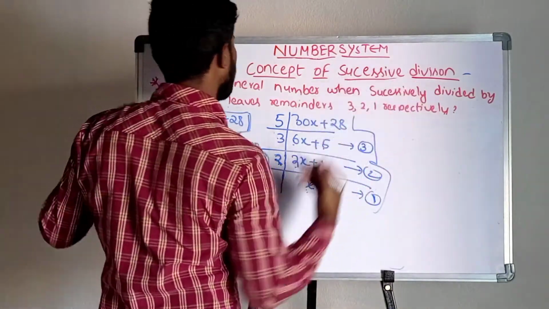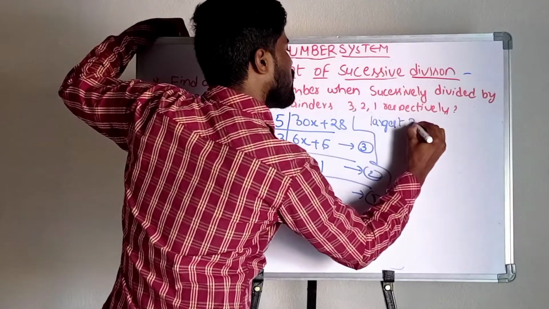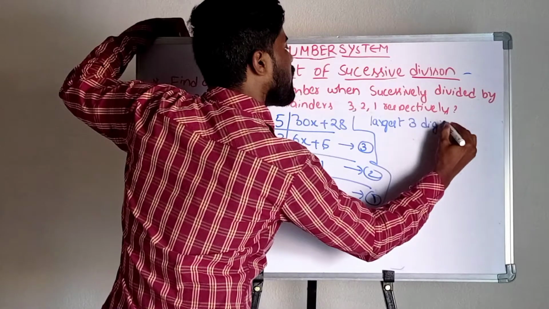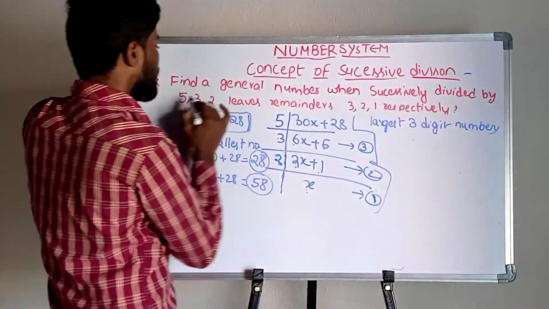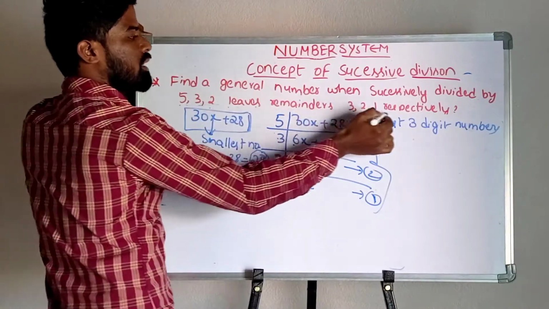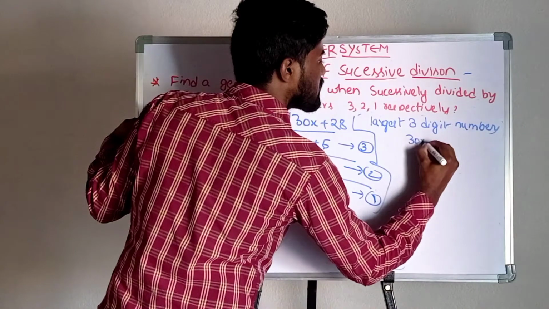If we have to find the largest 3-digit number that, when successively divided by 5, 3, 2, leaves remainders 3, 2, 1 respectively, first we find the general number, that is 30x plus 28.